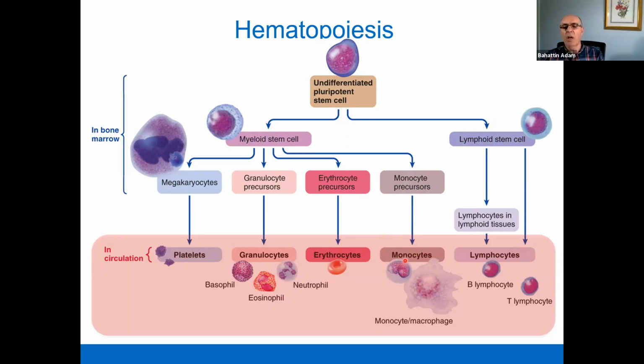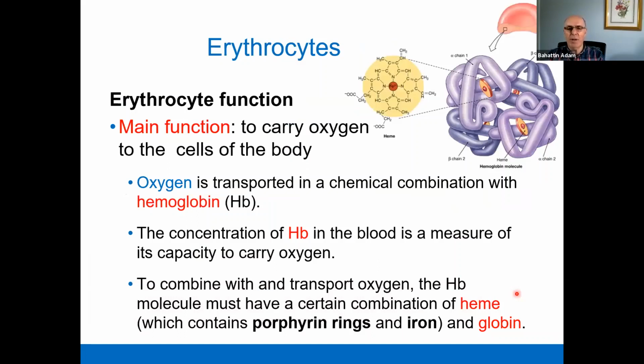And the second progenitors, the lymphoid stem cells, differentiate into either B lymphocytes or T lymphocytes. Okay, now I'm going to talk about each step by step today and tomorrow.